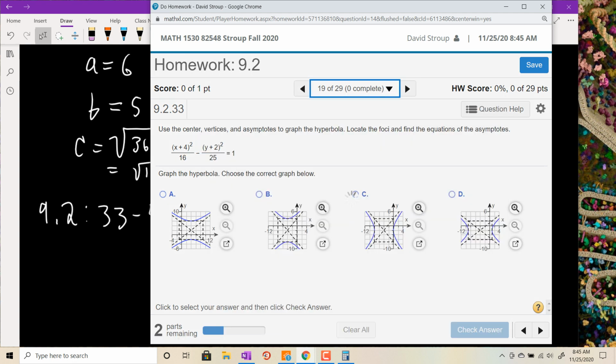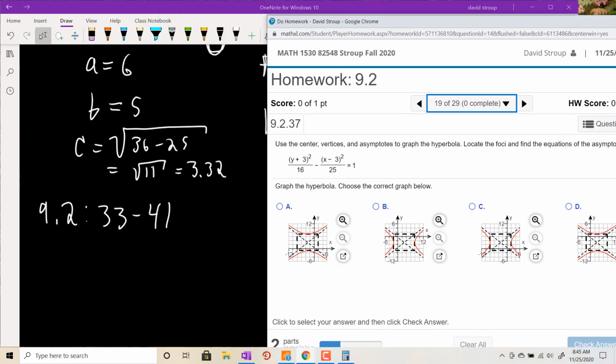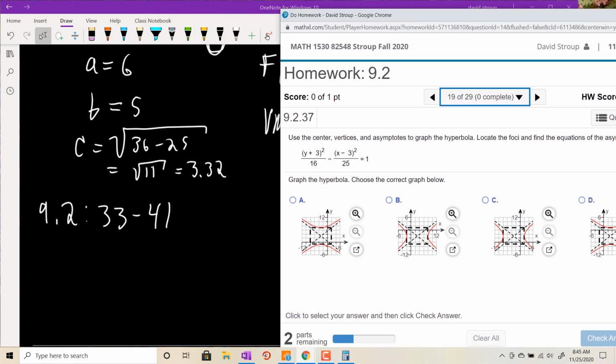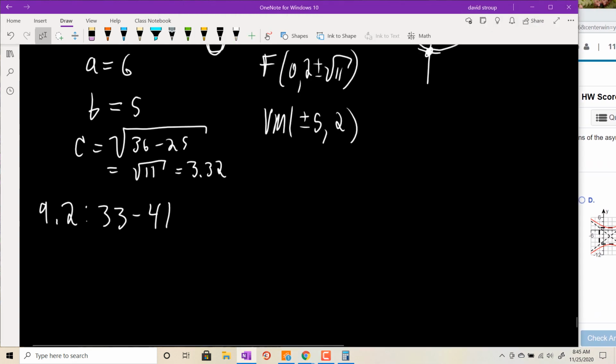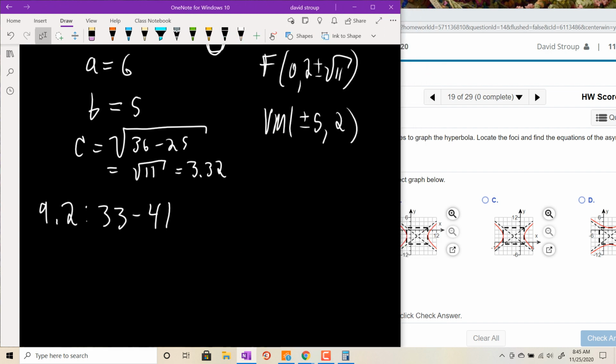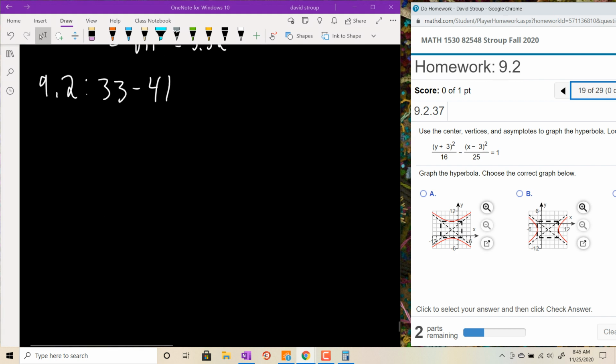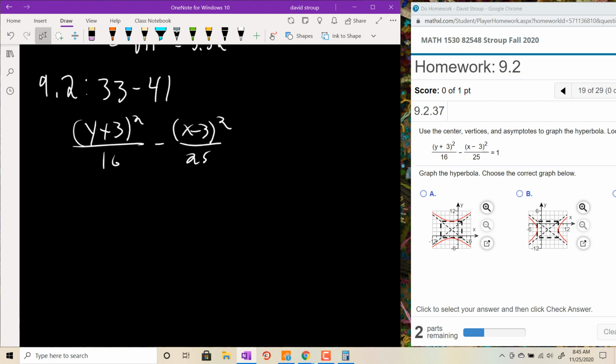Let's try 19, see if that's any different. Okay, so let's try this guy. Okay, so I have (y plus 3) squared all over 16 minus (x minus 3) squared all over 25 equals 1.